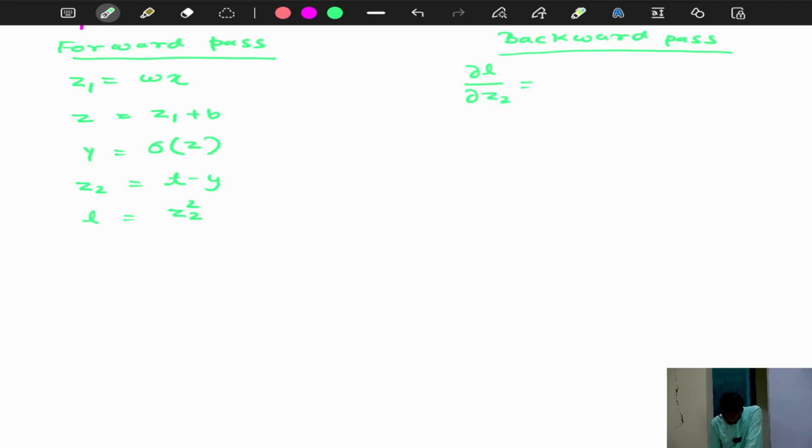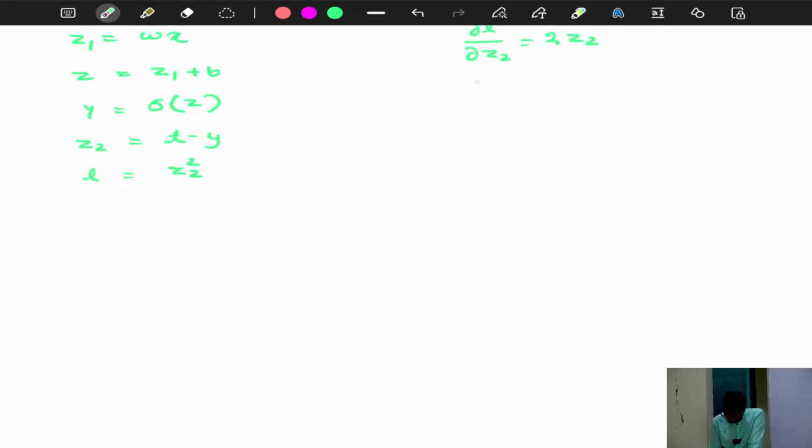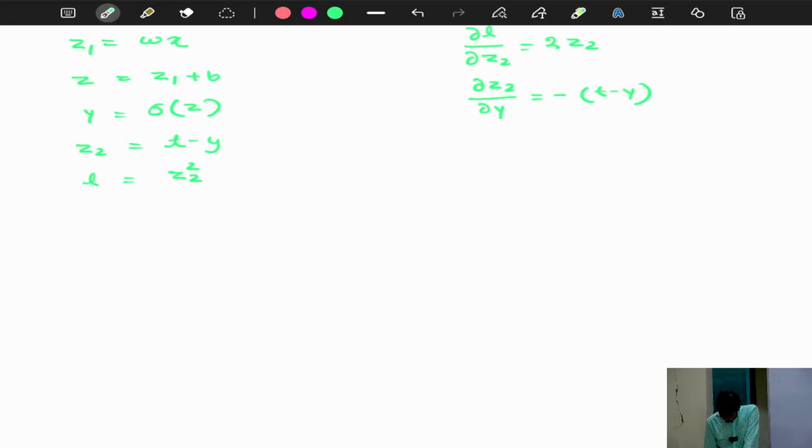This is equal to 2 times z2, then del z2 by del y, this is equal to minus... T minus y. Is it correct? No, no, no, minus 1, minus 1.